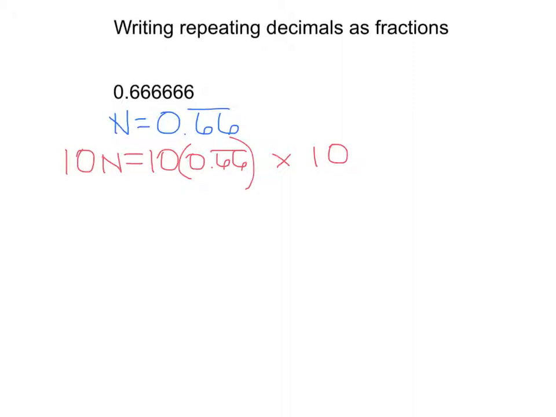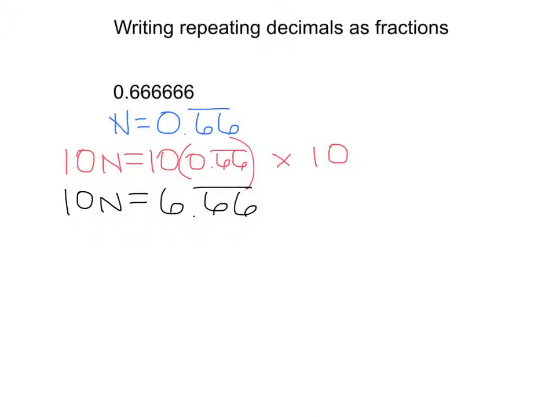So then we would get 10n equals 6.66 repeating. From here, you want to subtract n from 10n to eliminate the repeating part, because we know that n is 0.6666.